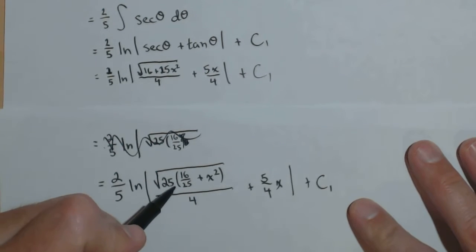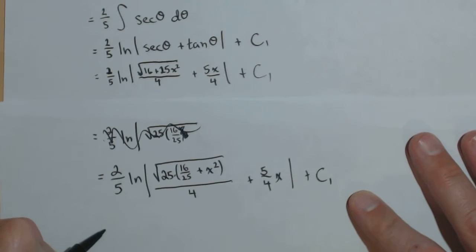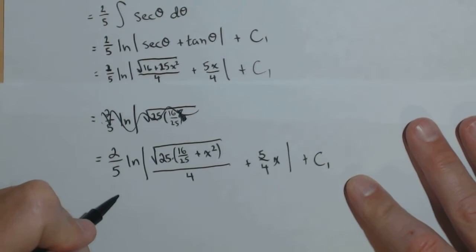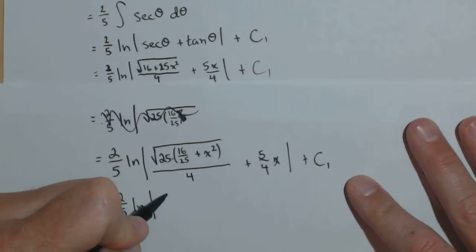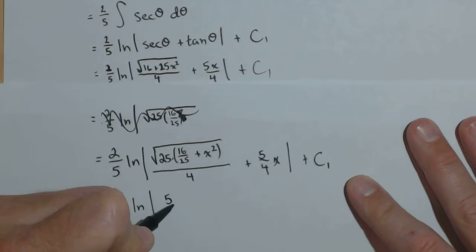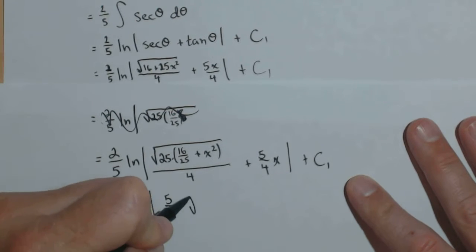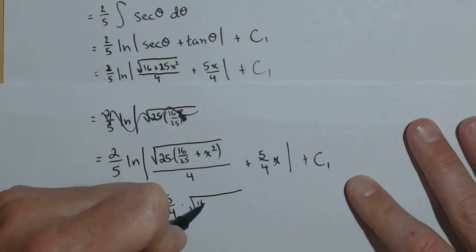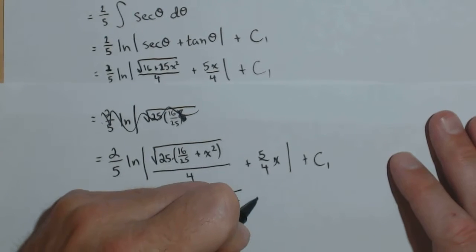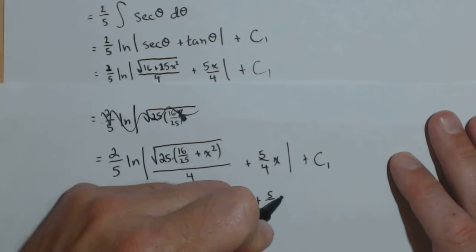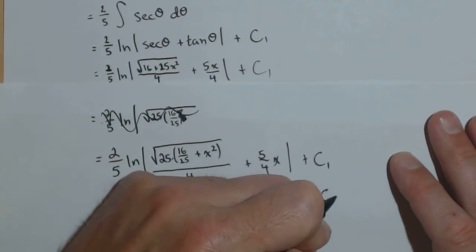Well, now I can split my radical up over each part of the product, and so square root of 25 is 5. So I get 2/5 natural log of the absolute value of 5/4 times square root of 16 over 25 plus x squared, because I don't want a fraction in a fraction, plus 5/4 times x plus c1.